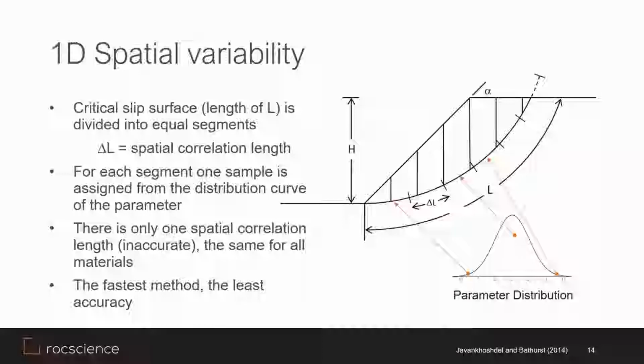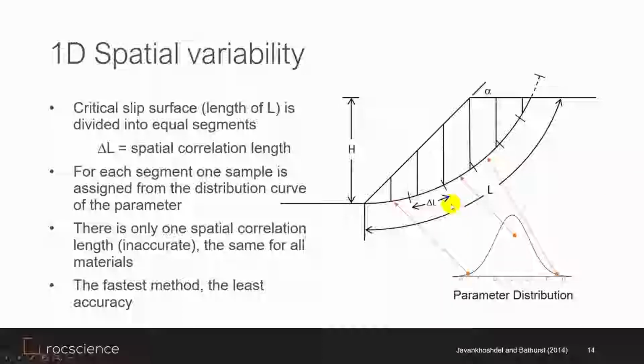Let's talk about these methods in more detail. One-dimensional spatial variability is the simplest way of considering a spatial variability in probabilistic analysis. In this method, a slip surface is divided into different segments equal to the spatial correlation length, delta L, as you can see in this figure.